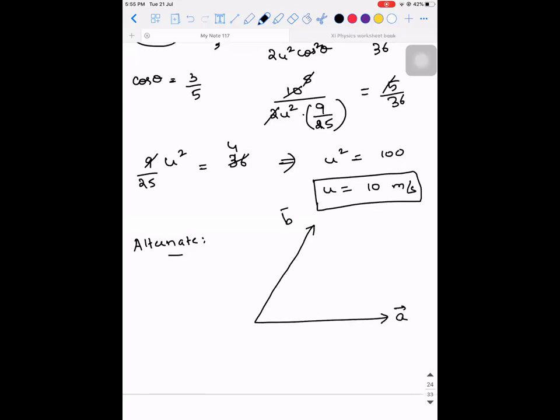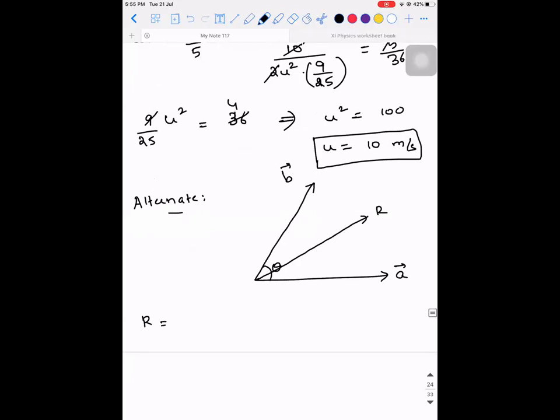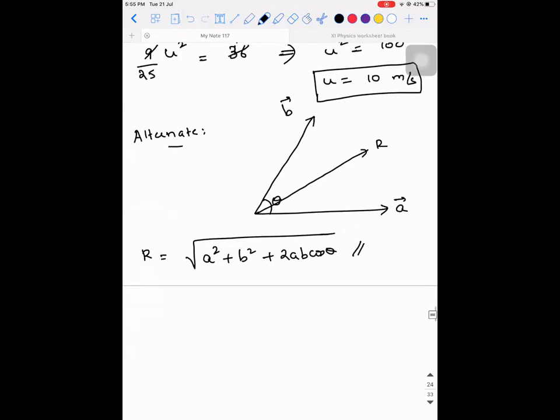If A vector and B vector are two co-initial vectors with an angle theta between them, then R will be along the diagonal of the parallelogram, from the same initial point from which A and B are starting. So R will be equal to root of A square plus B square plus 2AB cos theta. You guys remember this?